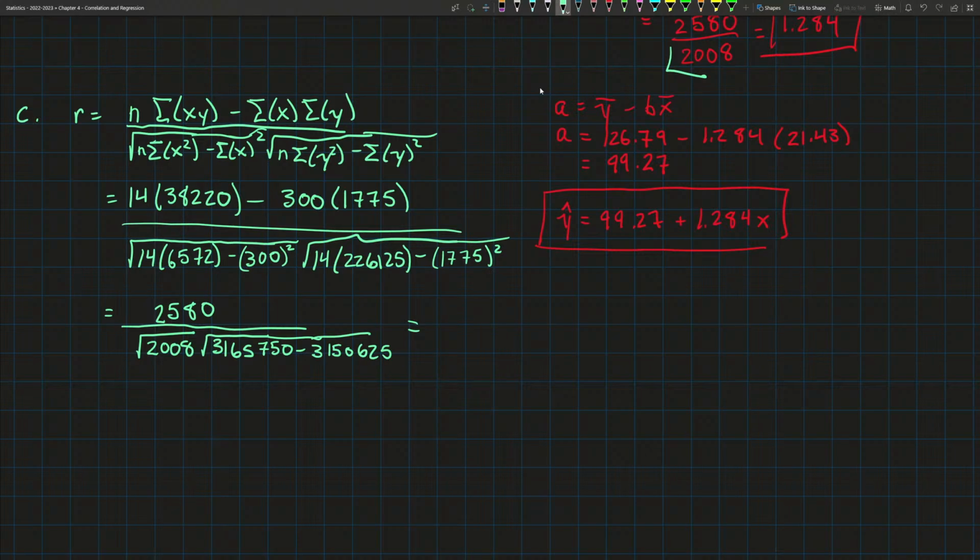So then we get 2580 over the square root of 2008 times the square root of 3,165,750 minus 3,150,625.